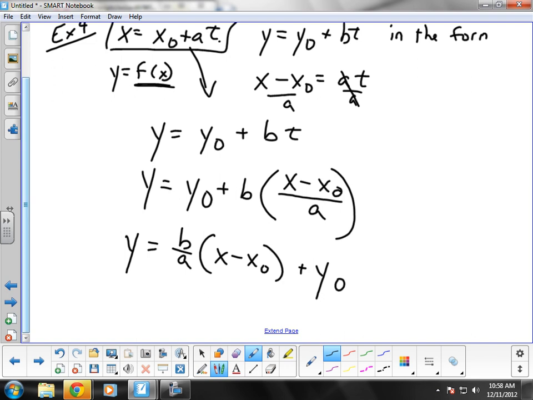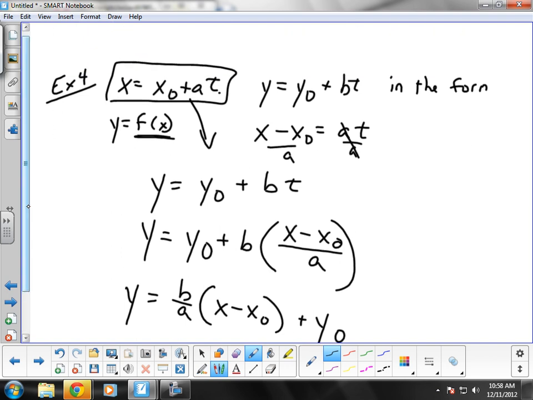Or a point slope. Actually, it looks more like the point slope, right? Here's my slope. Here's my point. So you just proved that if I have the equation of a line, and I want to put it in parametric form, this has to be true.